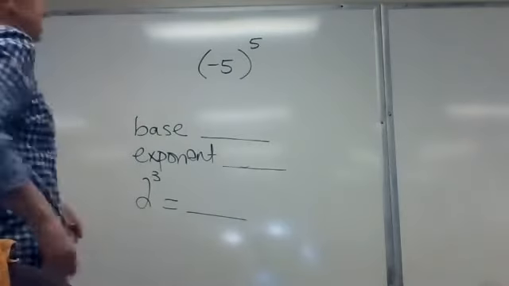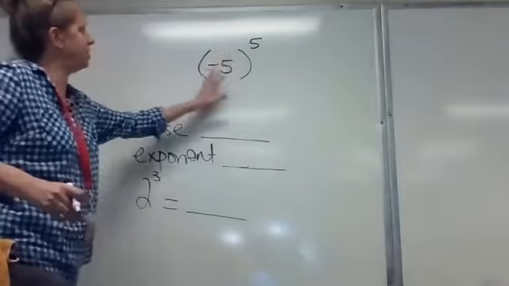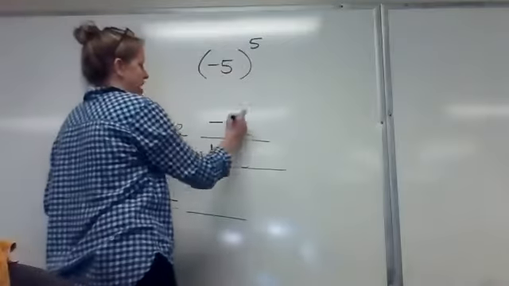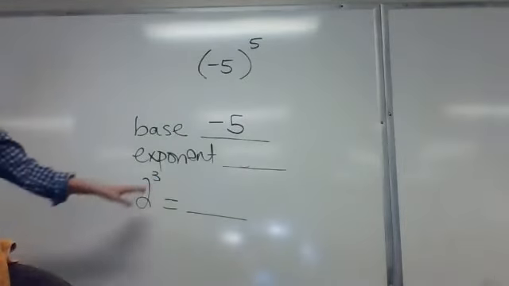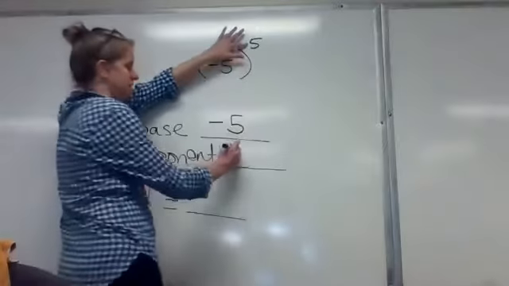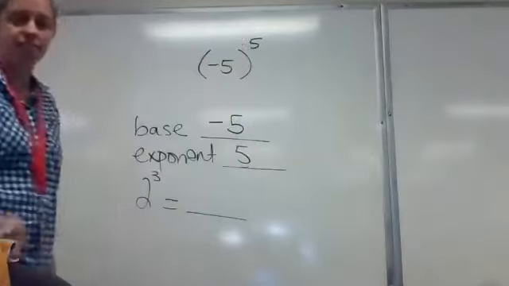Since the negative is inside the parentheses with the 5, this whole thing inside here is your base. So your base is -5. Your exponent is 5.